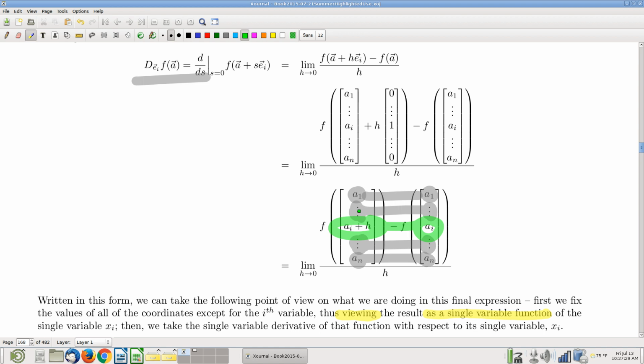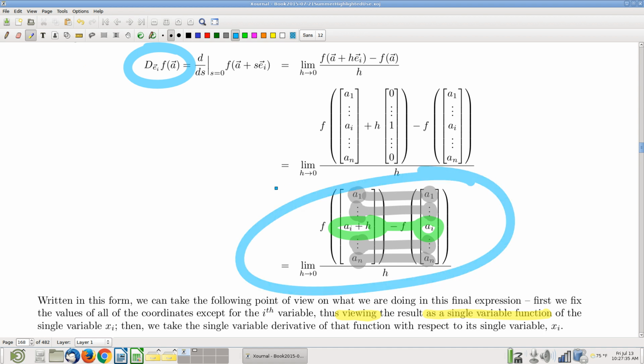Okay, so now I want to look at this expression here. Keep in mind we're computing a directional derivative. Let's look at this formula and ask, does that look familiar? And this actually looks extremely familiar. That looks just like a single variable derivative. We've got some expression. I'm going to think of all of the other variables as being constants because, well, they are. They're not changing. a_1 doesn't change.